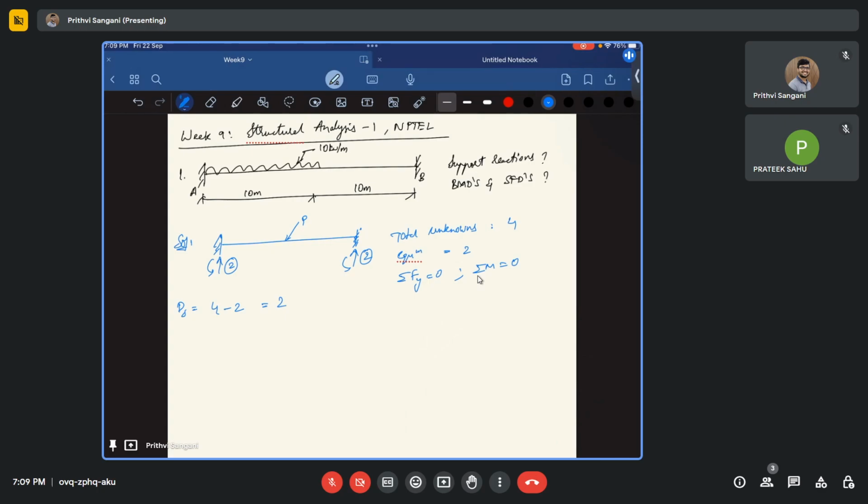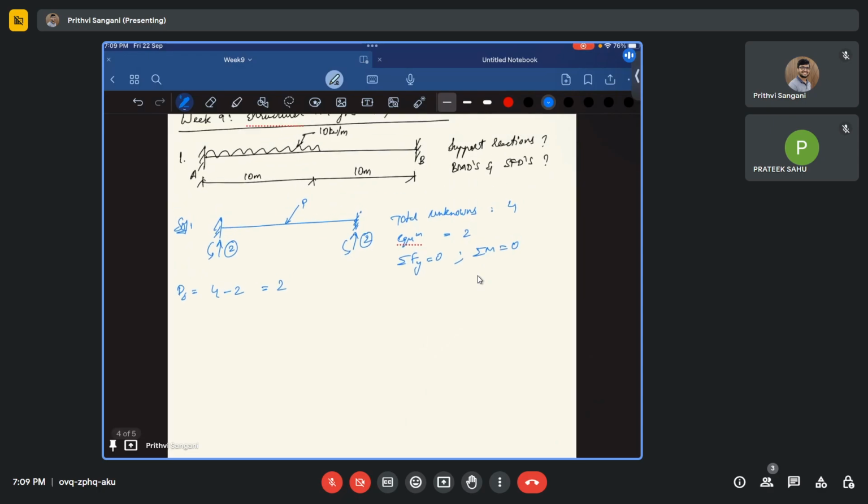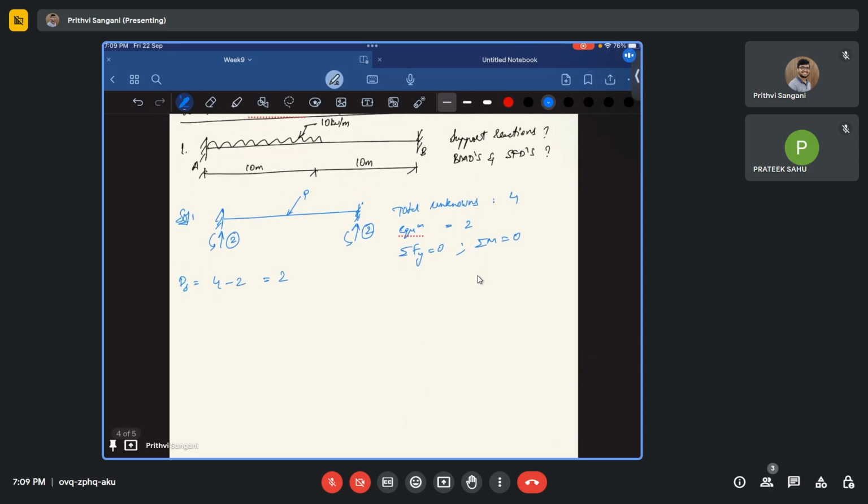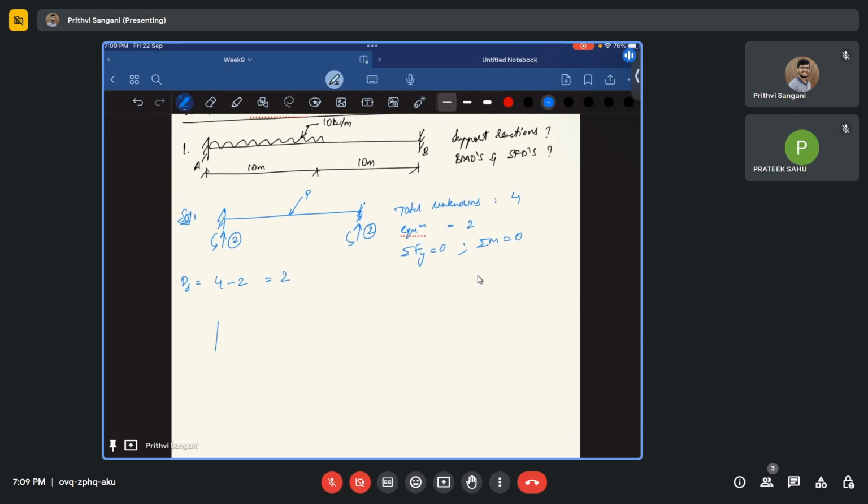So what is our procedure? As we learned, we need to bifurcate this beam into two, or in this case three, different beams. We have this initial beam.